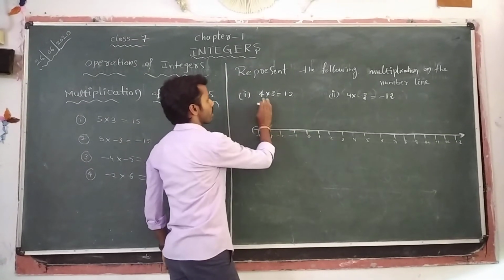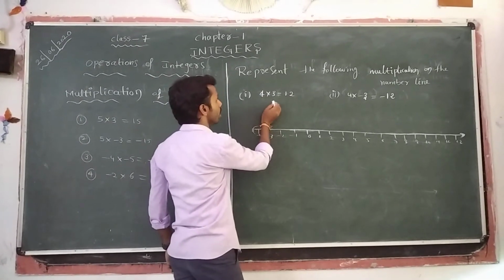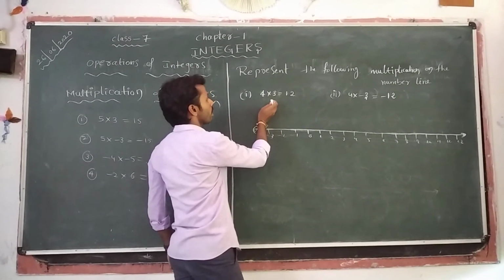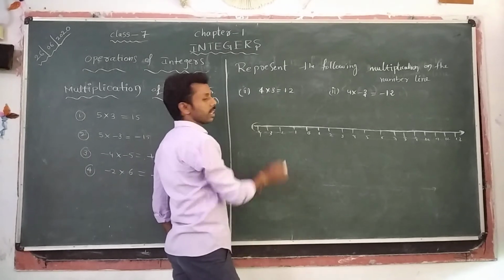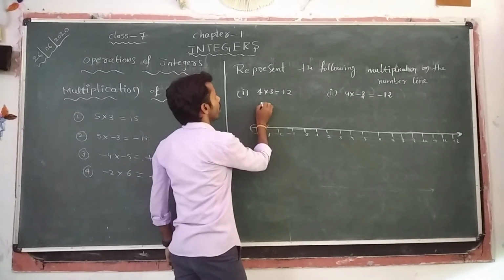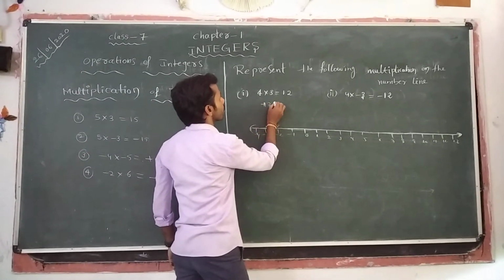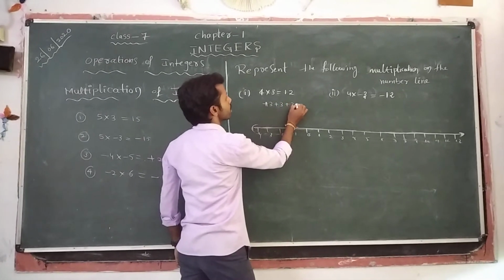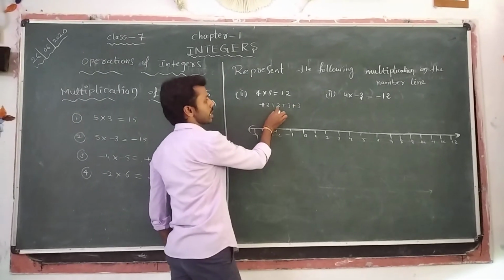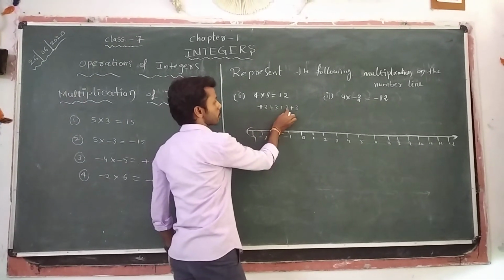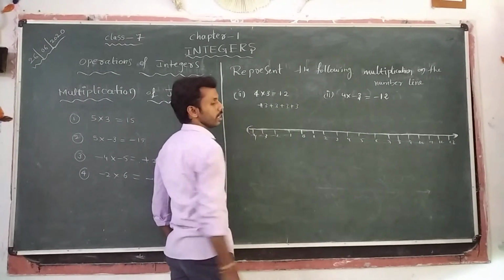4 into 3 means adding 3 four times: 3 plus 3 plus 3 plus 3. 3 plus 3 is 6, 6 plus 3 is 9, 9 plus 3 is 12.